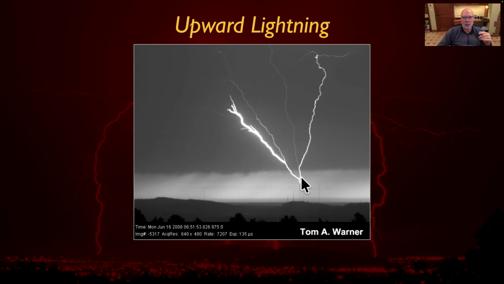Given that they're positive leaders, and if they branch, we'll almost always see recoil leader activity, so they can be prolific recoil leader producing. And this is a lot of how we studied and learned recoil leader activity and behavior, was due to upward flashes, where we were able to see this positive leader activity so clearly below cloud base. We were able to capture and analyze that behavior, and learned a lot about recoil leaders.